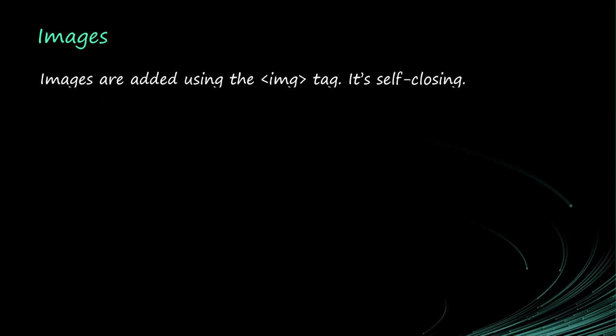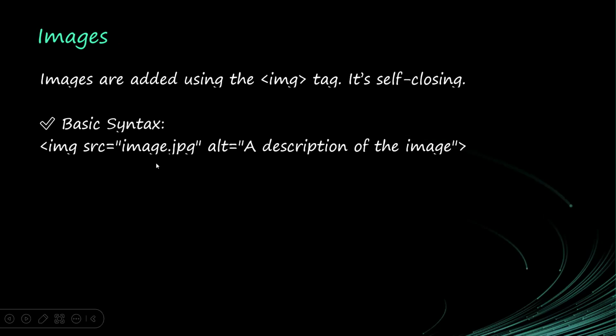All right. So the next thing we talk about is images. Images are added using the image tag, so you can add images to your application, to your website. We use the IMG tag, and then we have to provide the source. The source tells the browser where to get the image.